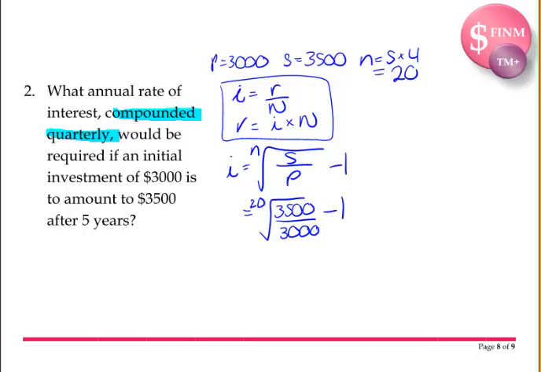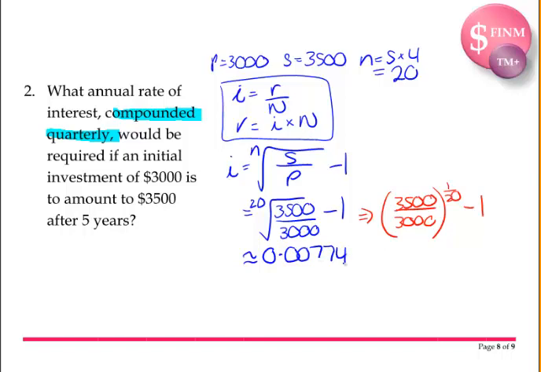Now note on your calculator you can do the 20th root, or you can plug it in as (3,500 over 3,000) to the power of 1 over 20, minus 1. And you'll end up with approximately 0.00774.